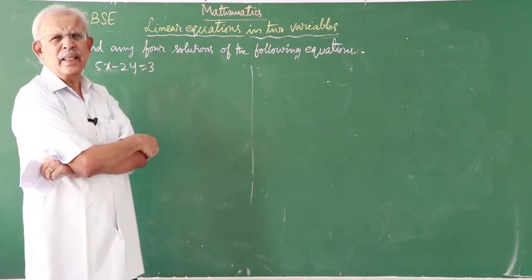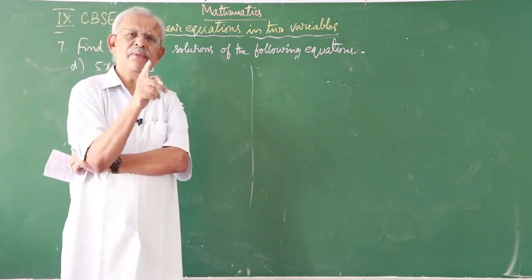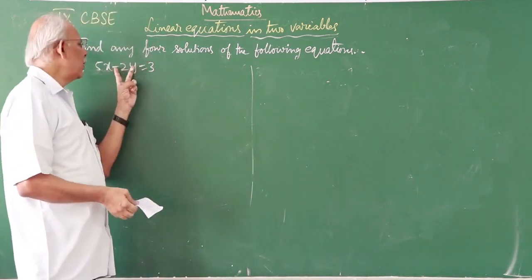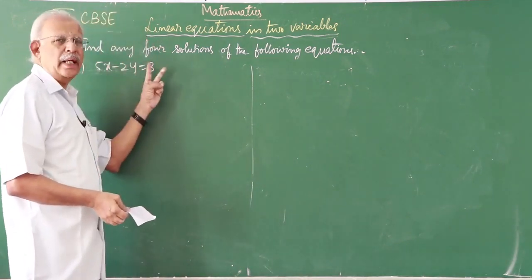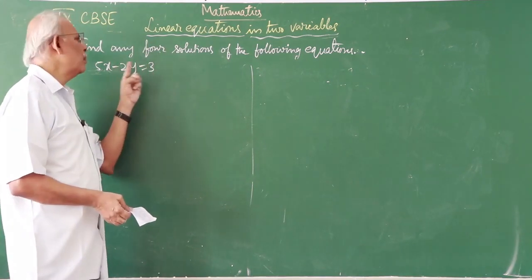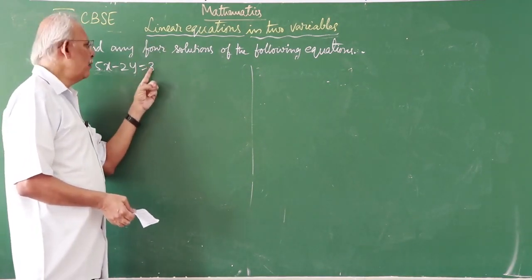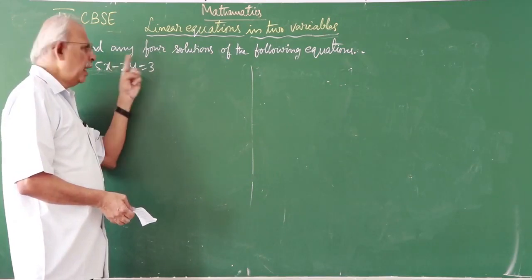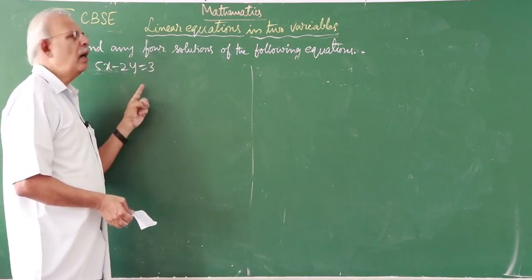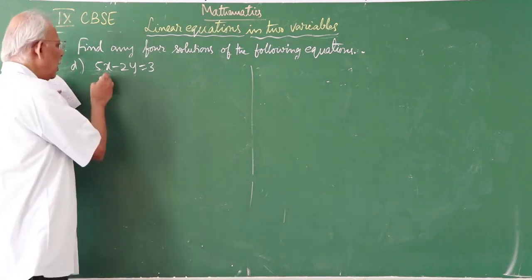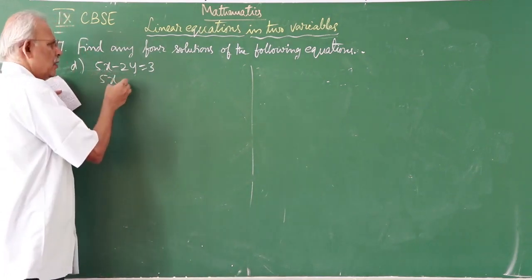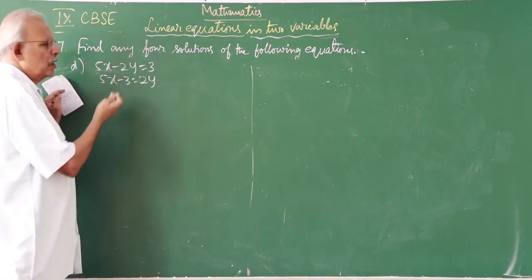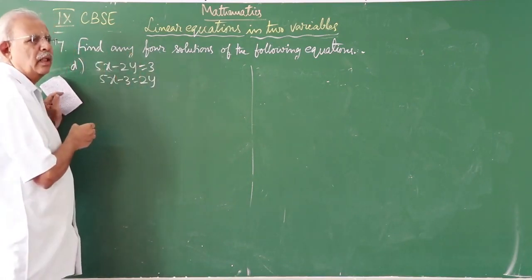In order to make the simplification easy, what you have to do is shift minus 2y to the right hand side so that it becomes plus 2y, and shift 3 to the left hand side. Again solve for y. Like look here, 5x minus 3 equals 2y. If you write it like this, it is okay.